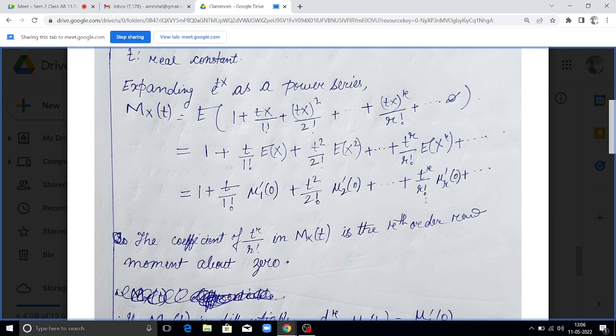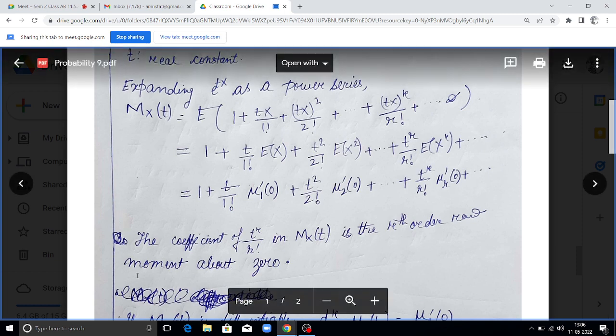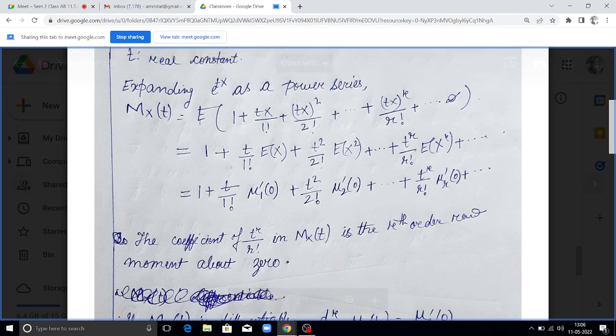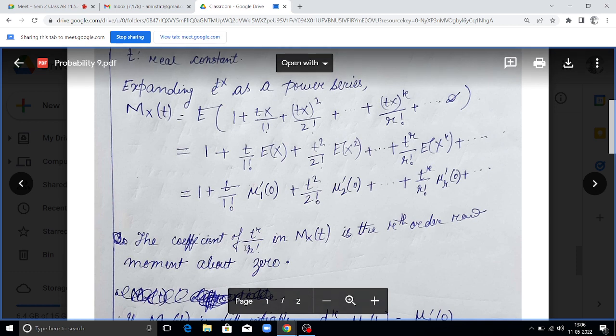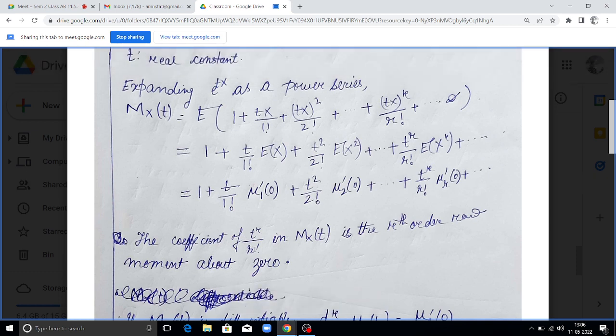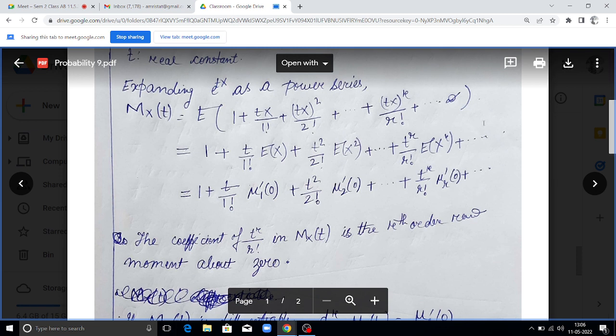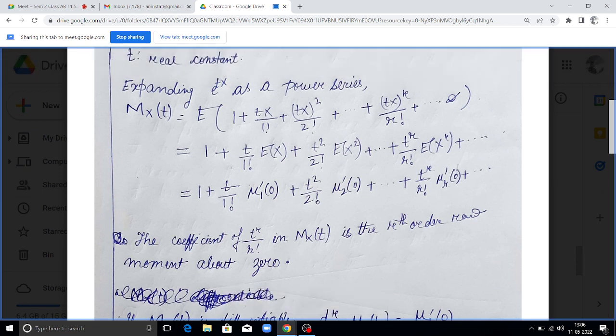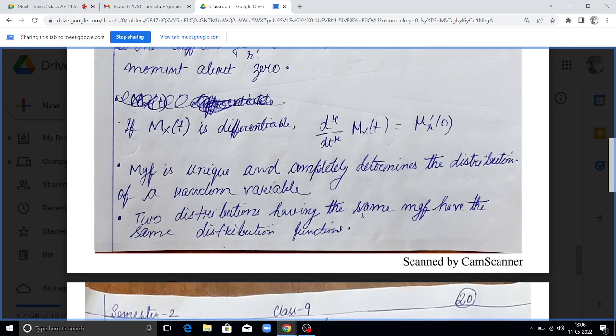So the coefficient of t to the power r by r factorial in this mxt is the rth order raw moment about 0. You check the coefficient of t to the power r by r factorial in this last expression: it is mu r prime, and this mu r prime in mxt is the rth order raw moment.